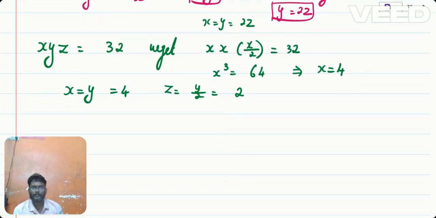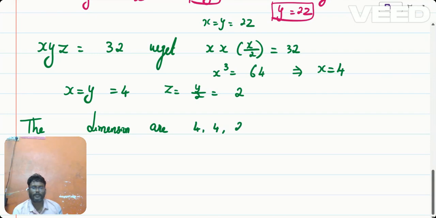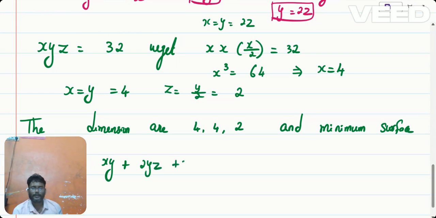Therefore the dimensions are 4, 4, 2. And the minimum surface area, the thing we require, is xy plus 2yz plus 2zx, which is equal to 16 plus 2 into 4 into 2 plus 2 into 2 into 4.